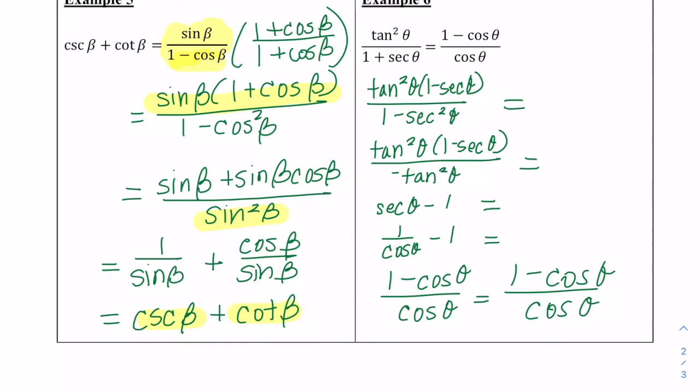So I'm going to multiply by the conjugate again, and so on the top I get tangent squared times 1 minus secant of theta, and then on the bottom 1 minus secant squared, and we know that equals negative tangent squared. So when we simplify that, we just get secant minus 1. And now, as my last resort, I can change those into cosine and then find a common denominator, and I'll get 1 minus cosine of theta over cosine of theta.